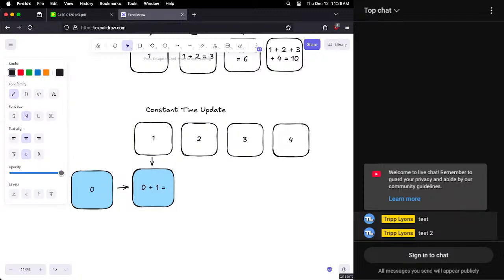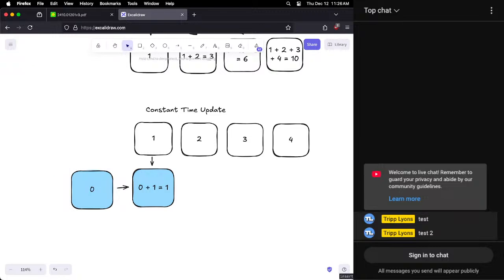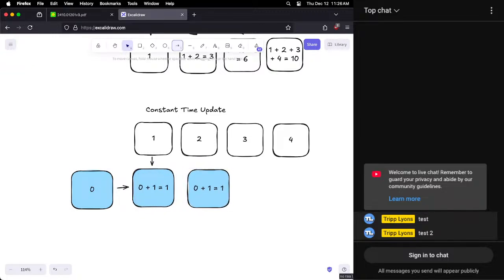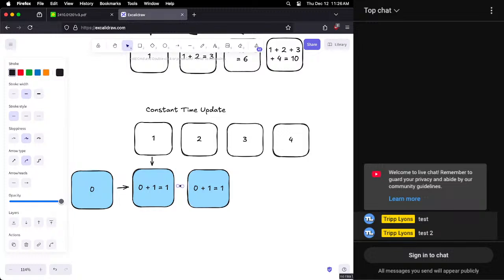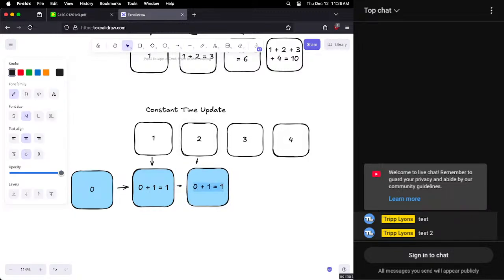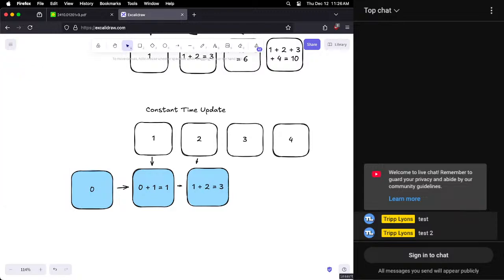So 0 plus 1 is equal to 1. And then we could say, take this value, which is just 1, and then we can add 2 to it. So we say 1 plus 2 equals 3.